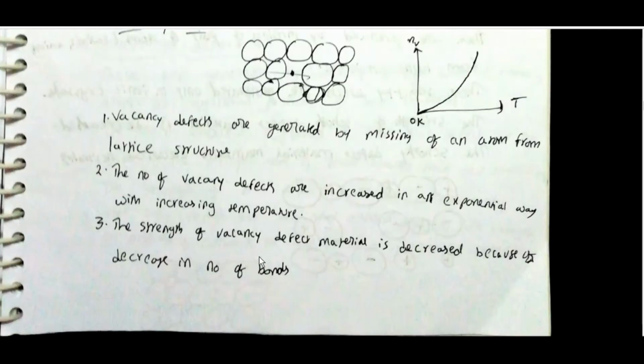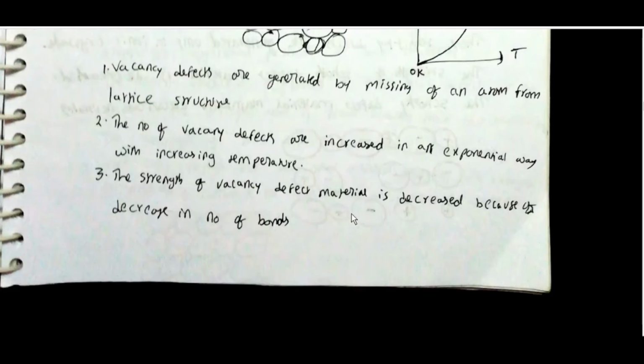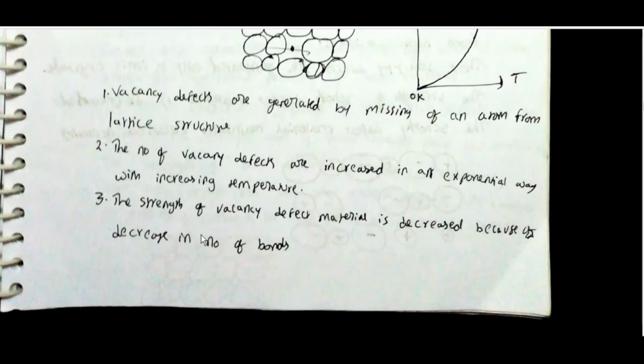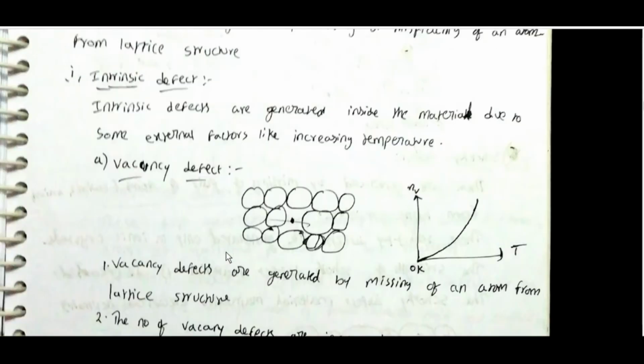Vacancy defects are generated by missing of an atom from the lattice structure. The number of vacancy defects increases in an exponential way with increasing temperature. The strength of a vacancy defect material is decreased because of a decrease in the number of bonds. Because as an atom is missing, the number of bonds also decreases.